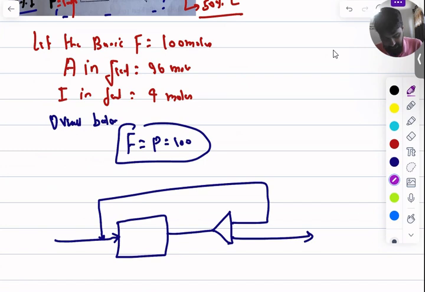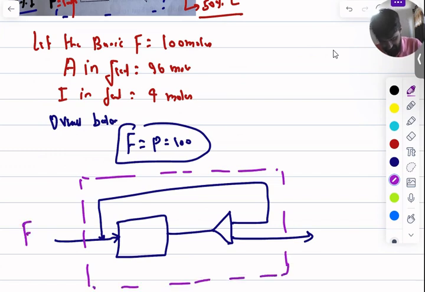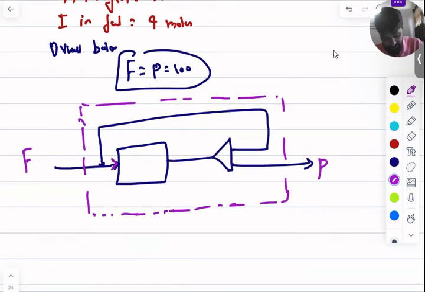Whenever you want to do the overall balance inside this envelope, you put everything. Here feed is coming and here product is coming. So directly F will be equal to P, which is equal to 100 moles, right?